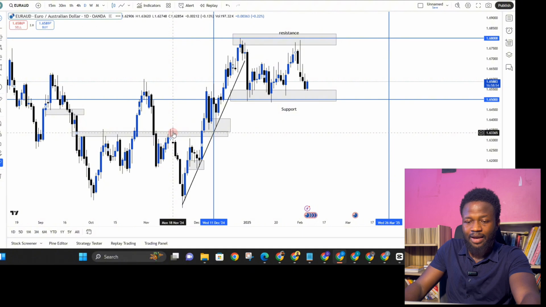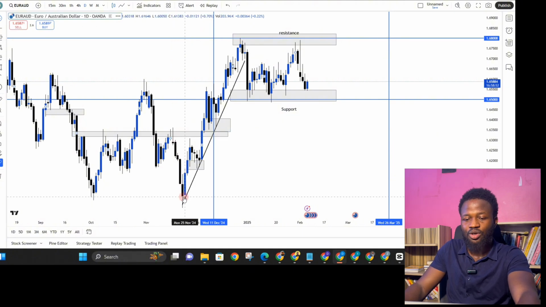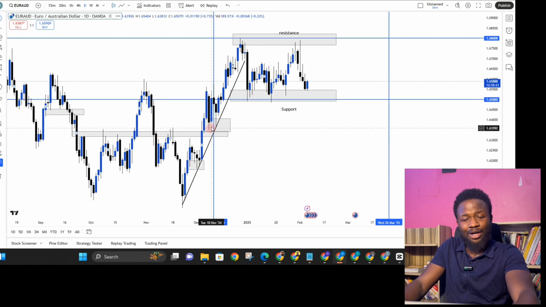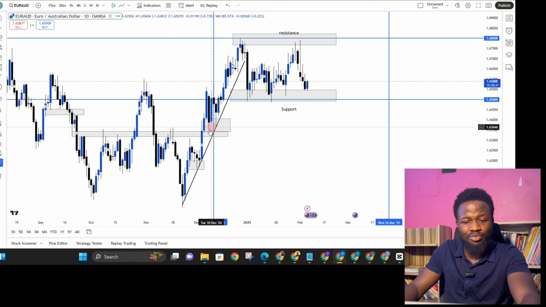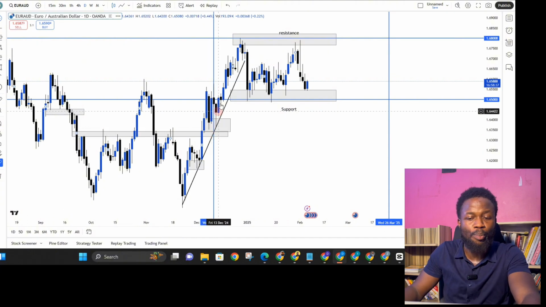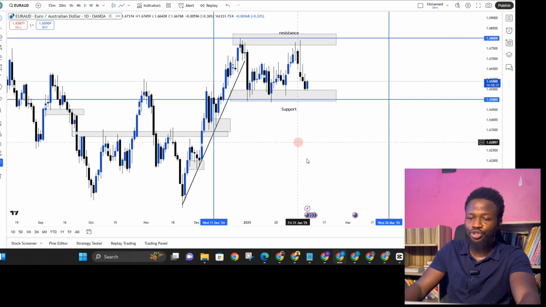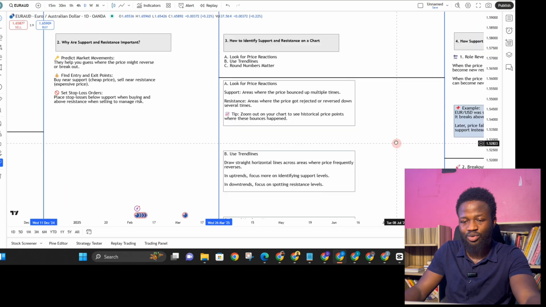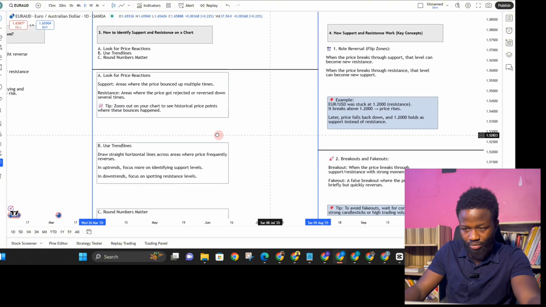So what happened? It came back up, the resistance was still holding, went back down, came up, resistance was still holding, went back down, came up, broke it again, and came back to the price. And what happened when it came back to the price? That region or that area became a what? Support, and then it now pushed up. Simple as that. I saw that and I loved it. It was a classic example.